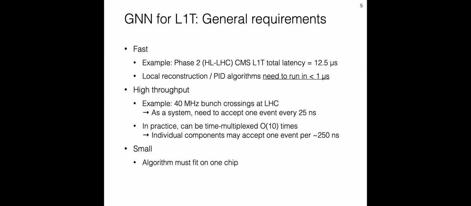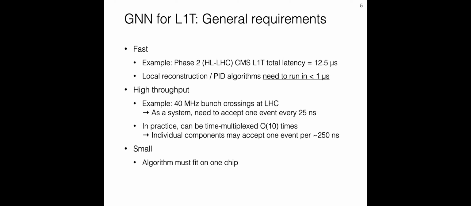Another, equally important point is that it has to be high throughput, because level 1 sees events at 40 megahertz in LHC, right? So as a system, it has to accept every event every 25 nanoseconds. Of course, in practice, you time multiplex the system, meaning you have copies of the same system that have distributed events, one event coming into one copy, and then another event coming to another copy.